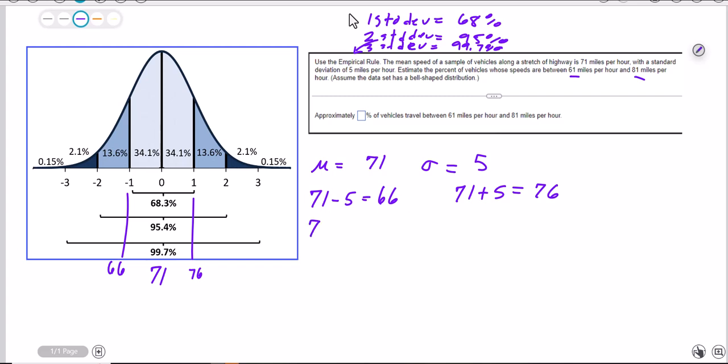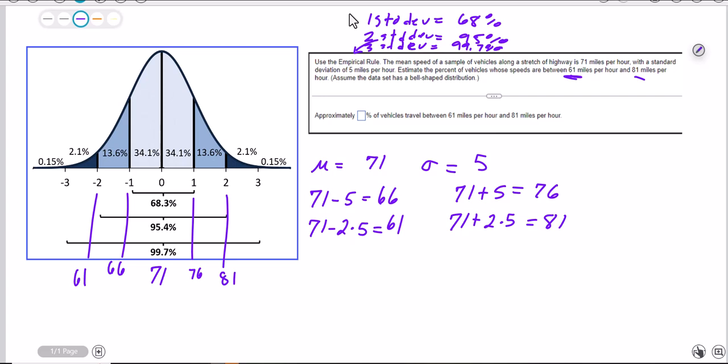Well, what if I do below two standard deviations? You see what I did there is I simply multiplied the standard deviation by 2. So I get 61. Oh, looky. All right, and then what if I want above? That's the plus, so 81. So 81 is two standard deviations.